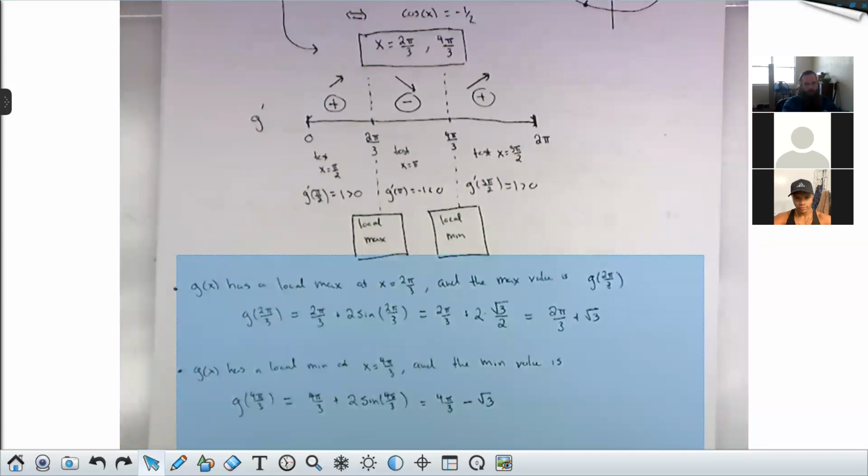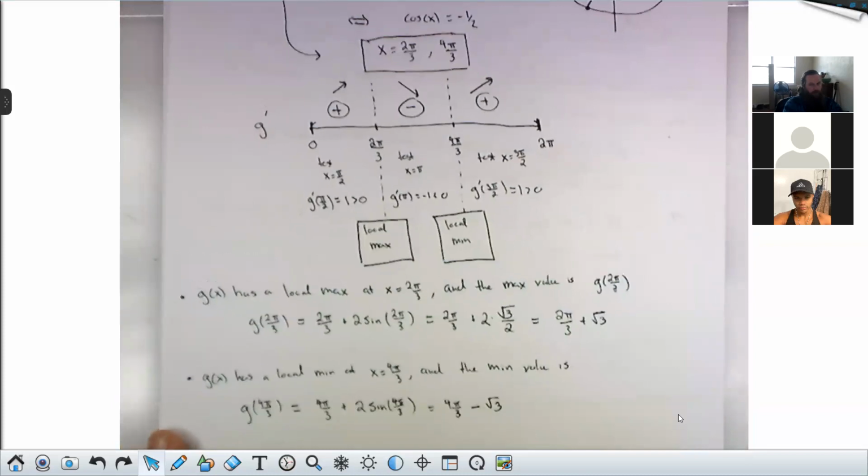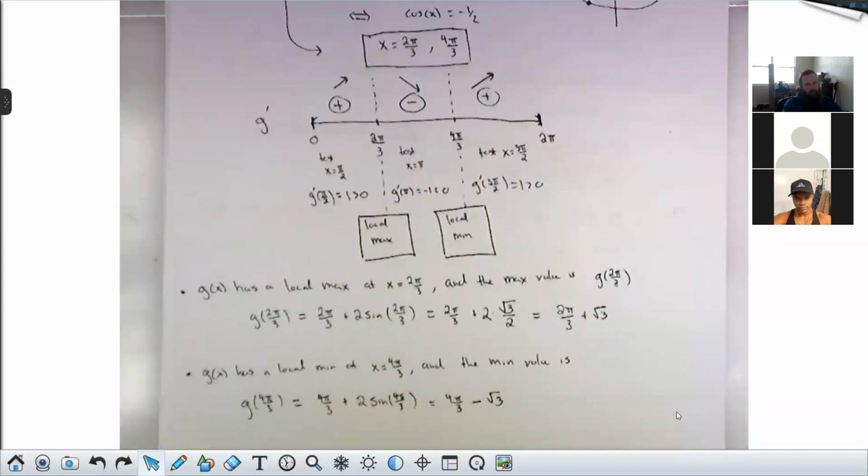So this is all the local extrema from that interval. Are we comfy with what happened here, how we found these, and what we're saying down here, the language?